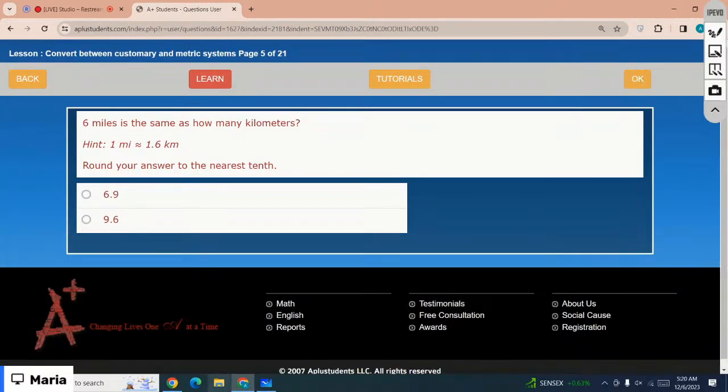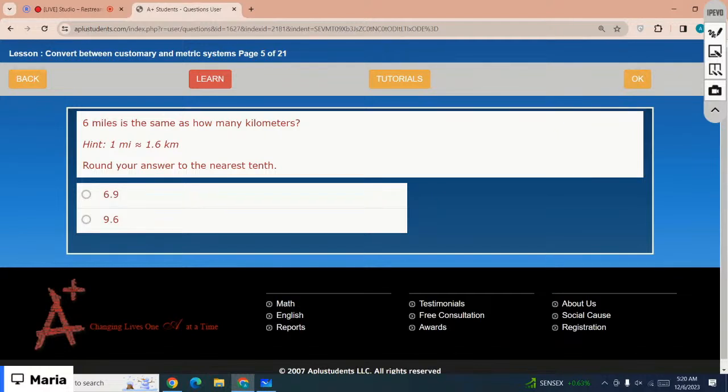Okay, 6 miles is the same as how many kilometers? 1 mile equals 1.6 kilometers. So which is the correct option? You have to do 6 times 1.6.